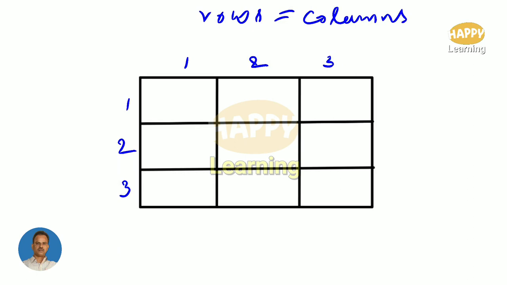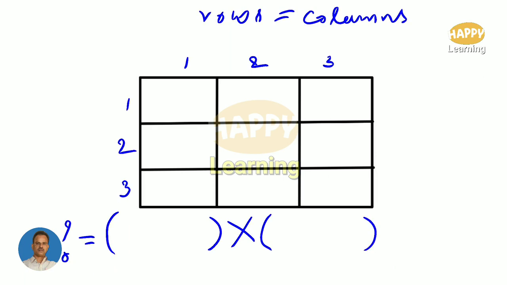So in such cases, how do we calculate the number of rectangles in this figure? After giving the numbers to the columns and rows, the total number of rectangles is calculated like this. This bracket is for rows, into another bracket for columns.